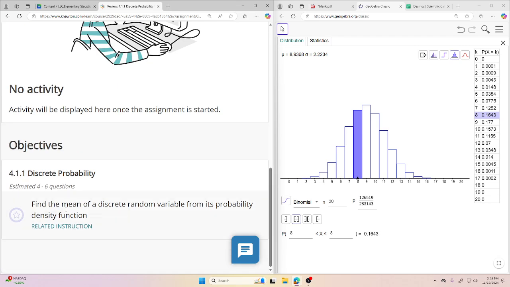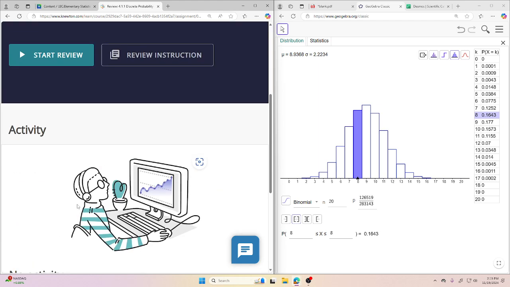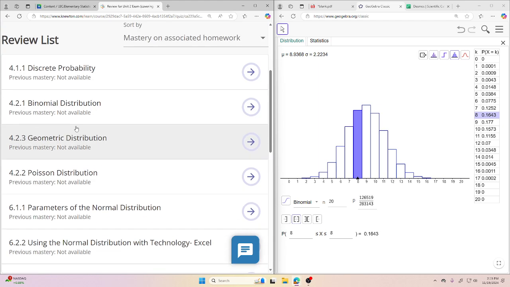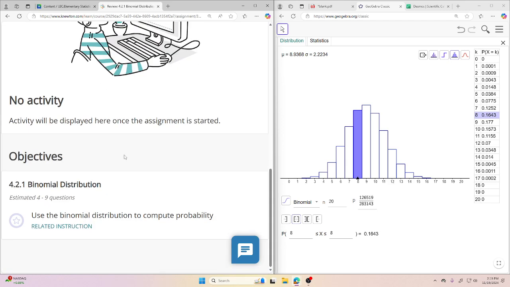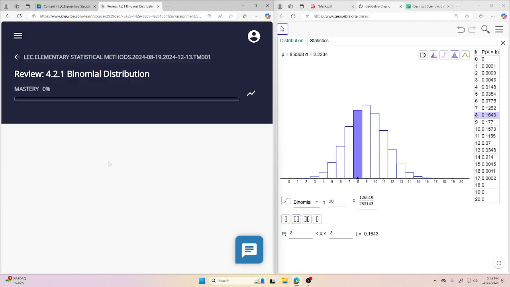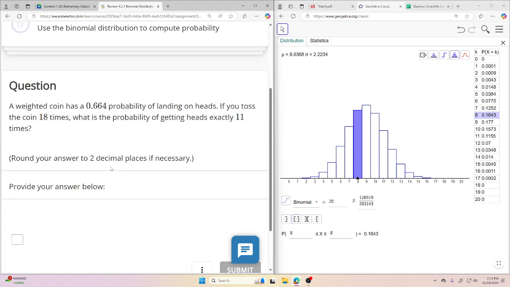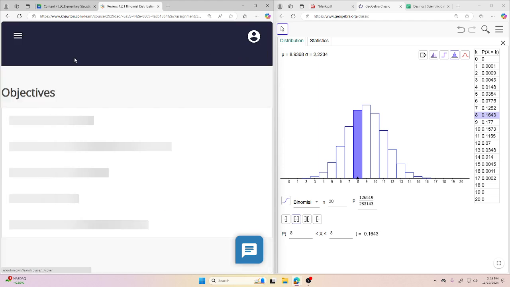So here, it says find the mean of this thing. There was only the one question there. We've already done this one, so we're good to go. This one, only the one question, so let's see what it is. Yeah, so that's the basic binomial, right? Okay, so we did that already. We're good there.